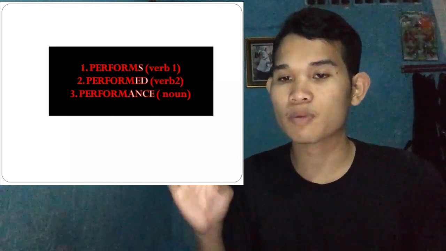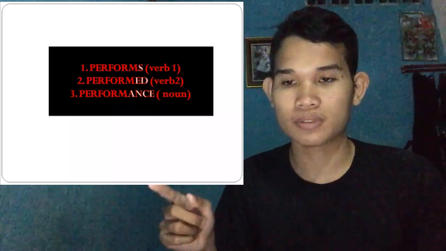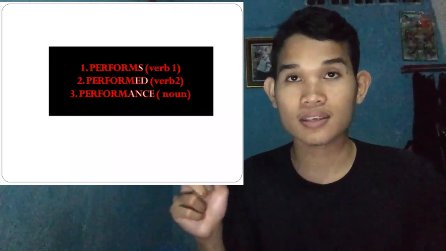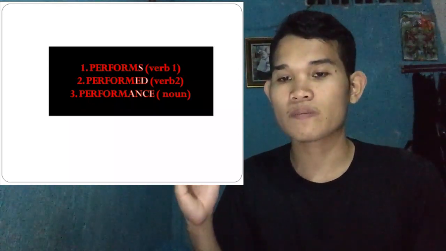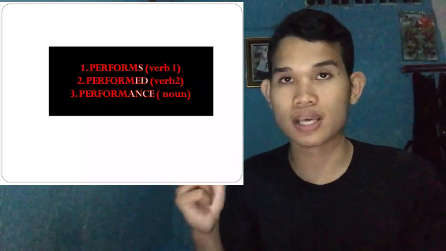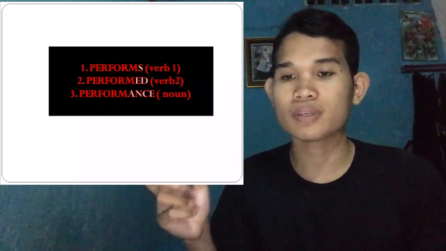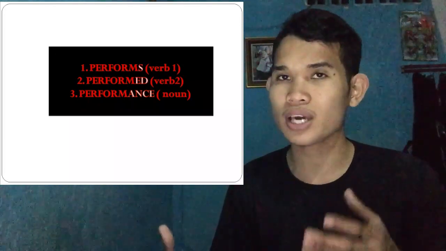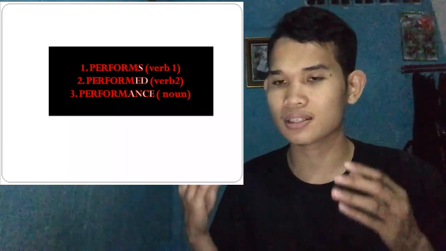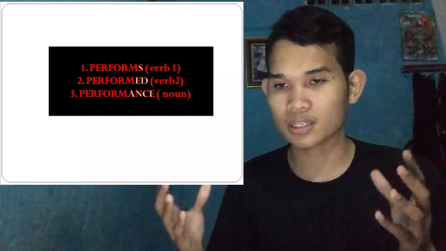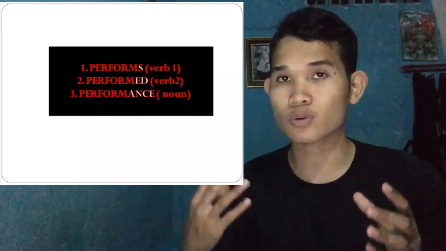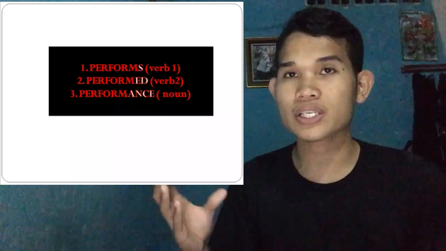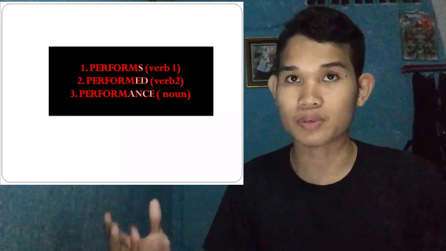And the second one is performed, so you can see the ed, performed. And the third one, performance, which ends in ance. If we focus on these words, we will know the biggest differences between them.